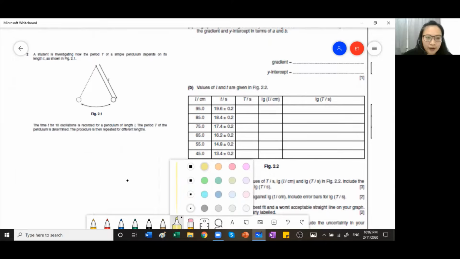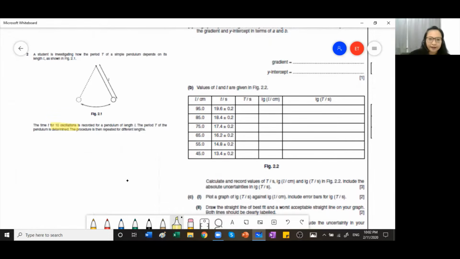What I like to do is underline or highlight the important statements and numbers that might be useful later. It's recorded for a pendulum of length L. The period T of the pendulum is determined, and the procedure is then repeated for different lengths.